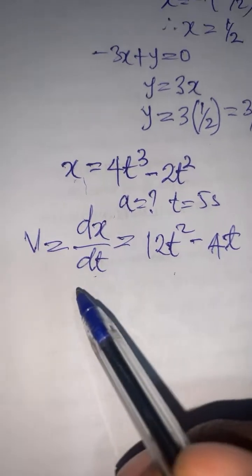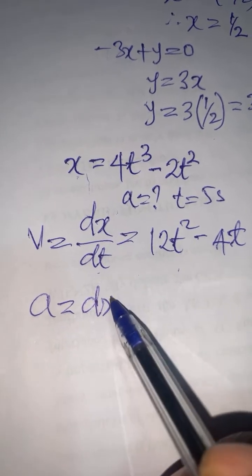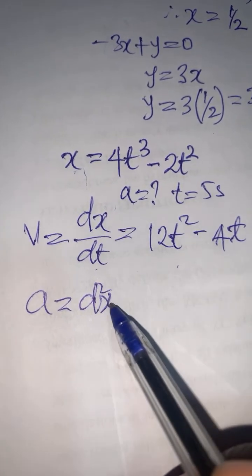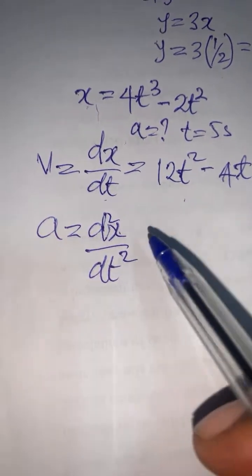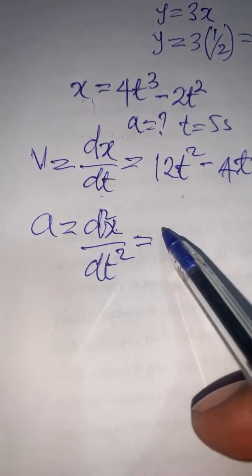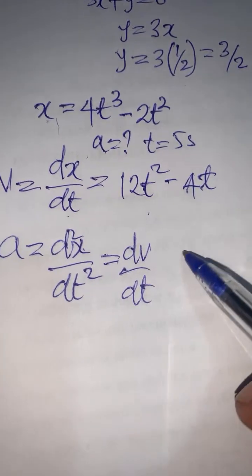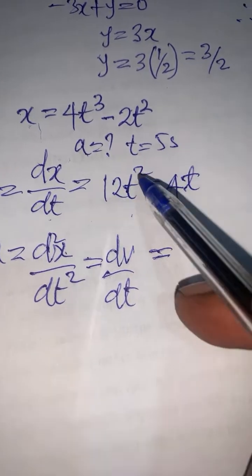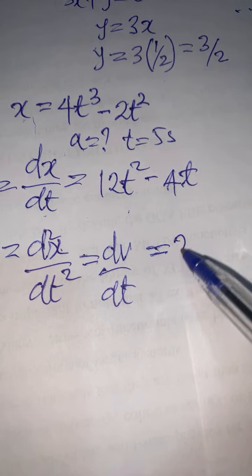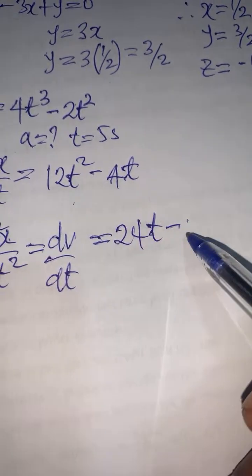So for acceleration, it means you have to take the second derivative, d squared x over dt squared. Or if you don't like this one, it's the same thing as saying dv over dt. The both of them are the same, meaning that you should differentiate this again. Differentiation of this will be 24t minus, differentiation of 4t is 4.